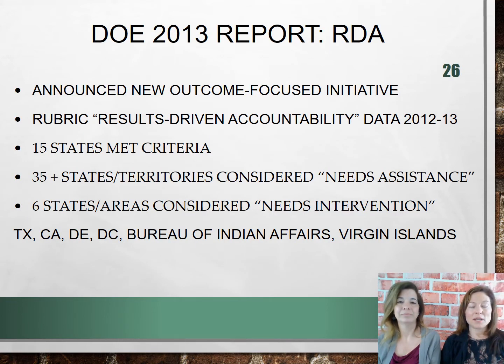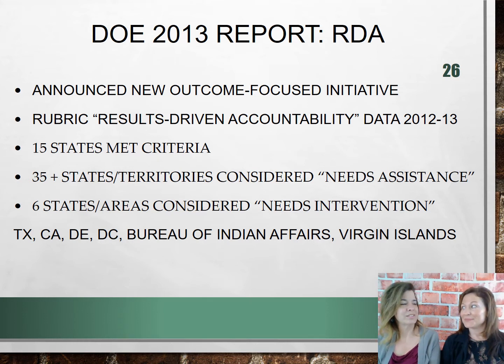So this RDA shift started gathering baseline data in the 2012-13 school year, and they were using a rubric like we're used to seeing with our kids. Well, the U.S. Department of Education has been using it on you in your school districts, and they've been looking at different types of data that we mentioned, and they discovered that only 15 states in the United States met the criteria for what they were looking at on these IEP goals and outcomes on standardized testing.